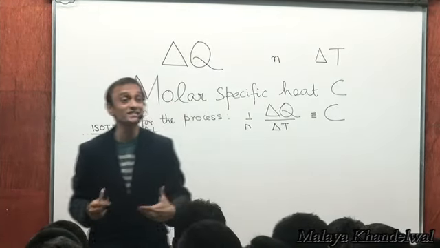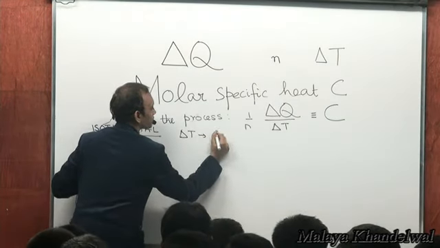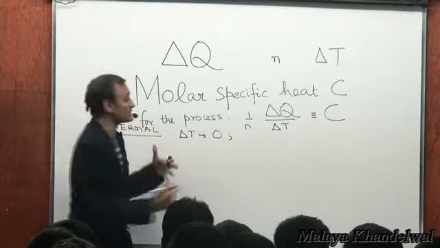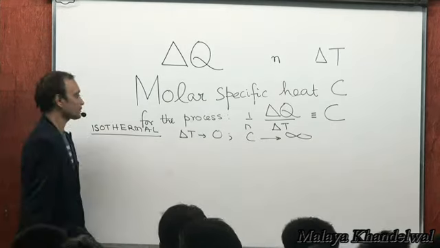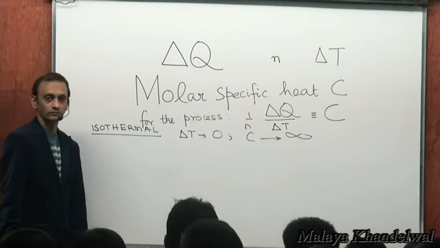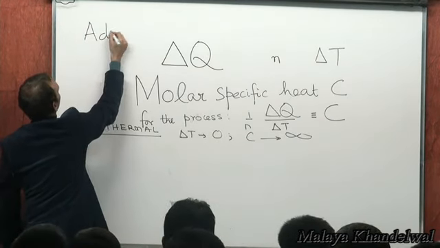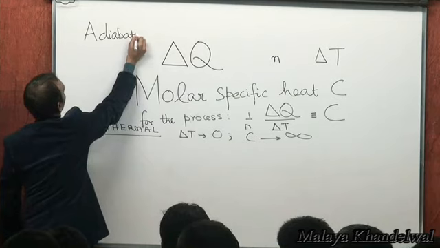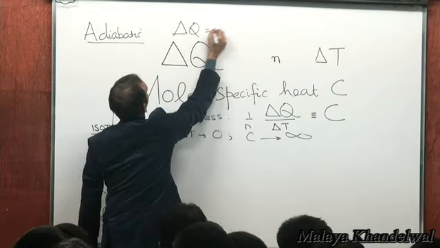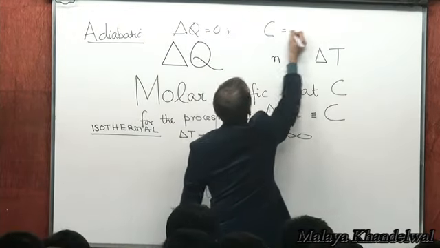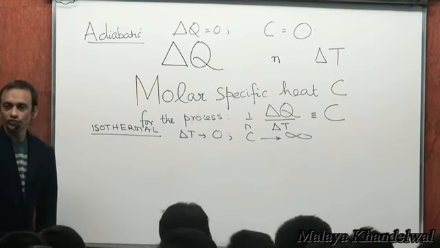So if delta T is 0, then the C for an isothermal process is infinity. For an adiabatic process, delta Q is 0, so C equals 0. Yes or no?